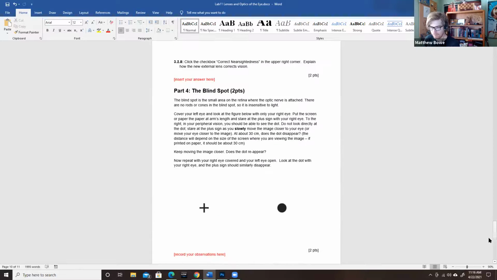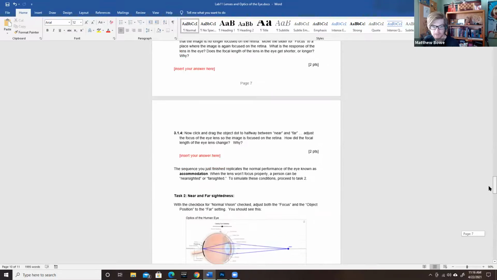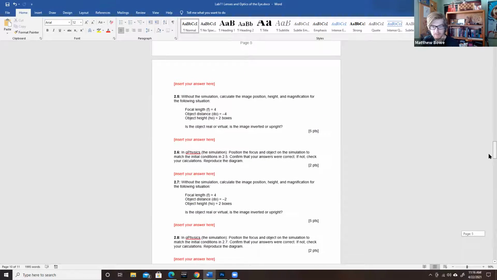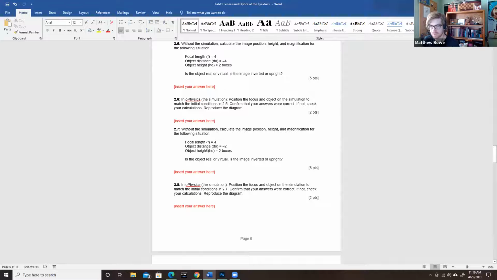So pretty much a lot of the lab is just doing these. And once you get used to how you have to slightly change these values, it should be easy to go through, and you can always double check with the simulation.